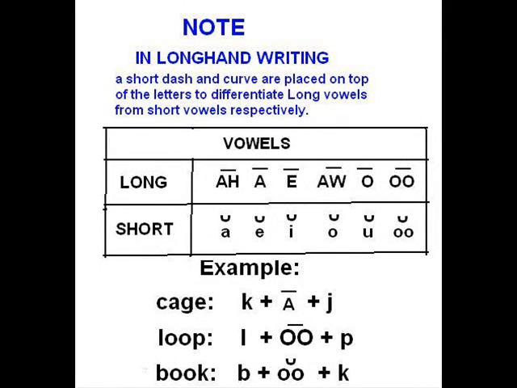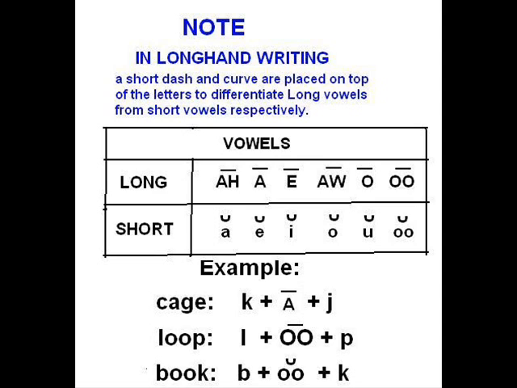There is one important note. In longhand writing, a short dash and curve are placed on top of the letters to differentiate long vowels from short vowels respectively. That is, it is only in longhand writing, not in shorthand. When we are writing letters to represent vowel sounds in longhand, you observe like this.